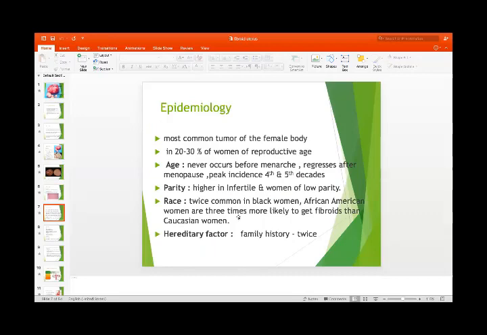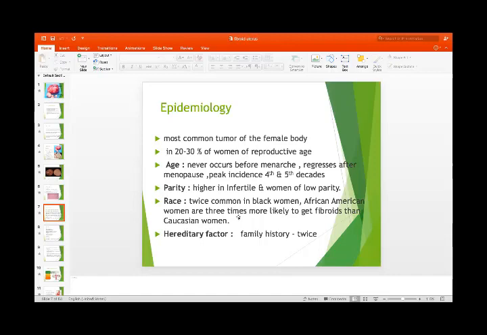It is the most common benign tumor of the female, occurring in 20 to 30% of women of reproductive age group. It never occurs before menarche, and it regresses after menopause. Peak incidence is in the 4th and 5th decades. It is found more commonly in infertile women and in women of low parity.